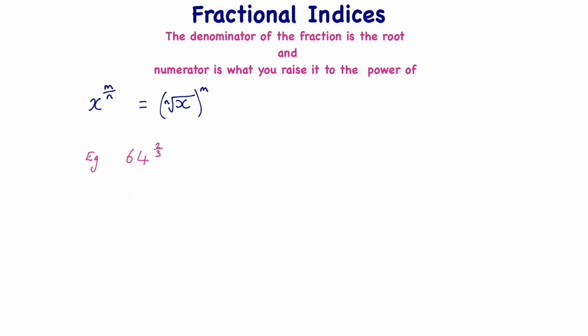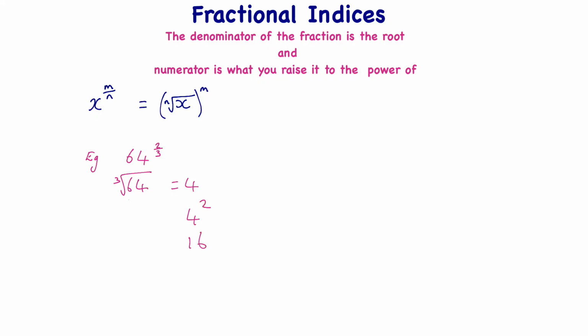So we have 64 to the power of 2/3, so the bottom is the root, so we'll take the cube root. Once we've done that, we'll raise it to the power of 2. So the cube root of 64 is 4, and then we do 4 squared, which is 16.